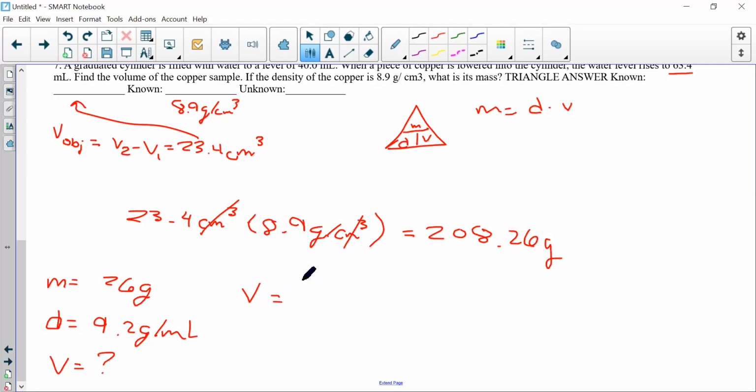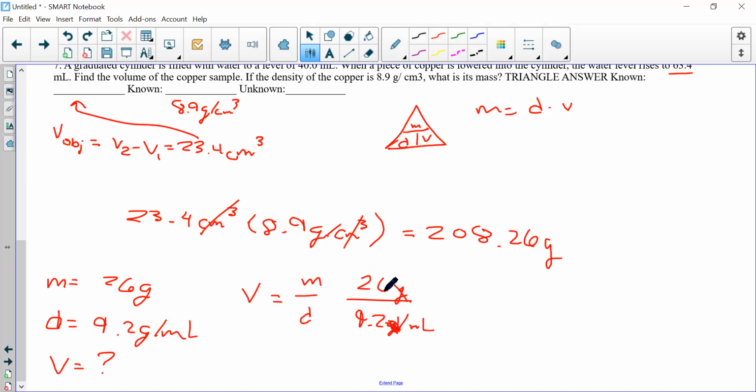Volume is equal to mass over density. If we look at our triangle, you cover up the volume, you see mass is over density. So if I'm going to do that, I'm going to plug those values in of 26 grams over 9.2 grams per milliliter. And the grams cancel.